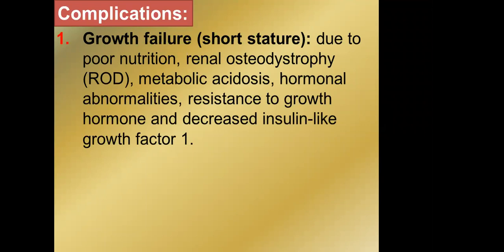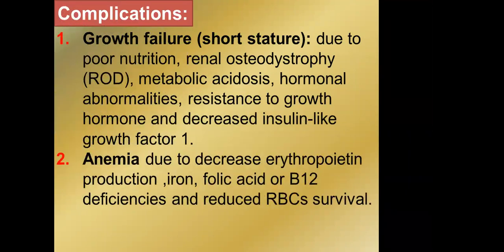When you are asked why patients with chronic kidney disease have growth failure, you answer that it is due to poor nutrition, renal osteodystrophy, metabolic acidosis, and other causes. Another complication is anemia, which is common due to decreased erythropoietin production.